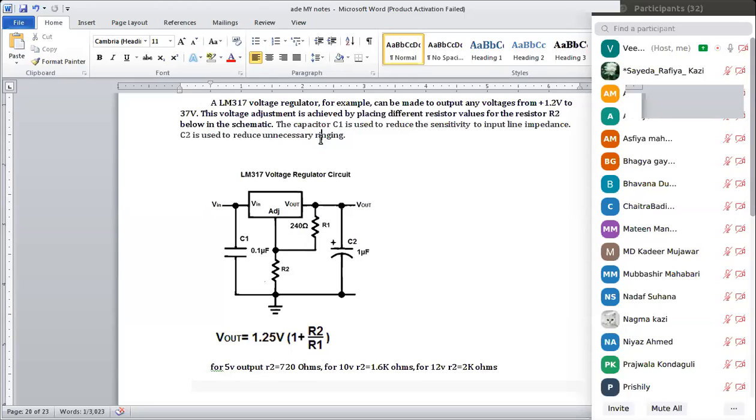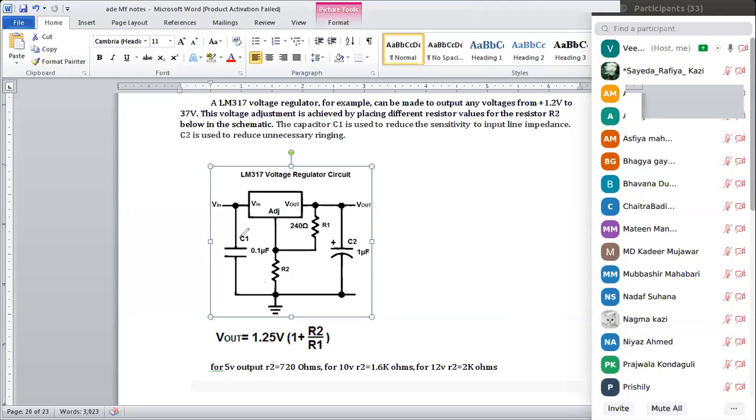Ringing is nothing but repeating. C2 is controlling that ringing. C1 is controlling the line impedance at the input side. C1 handles input impedance, C2 handles ringing at the output side.